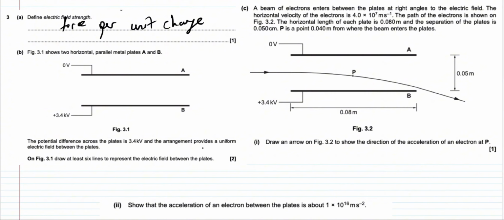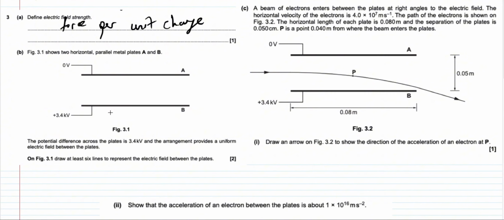Now it says that based on this arrangement, it provides a uniform electric field. Now your task is to draw at least 6 lines to represent the electric field between the plates. Of course, that is quite simple to do. Now what you need to do is to look at which plate is more than likely the positive plate.